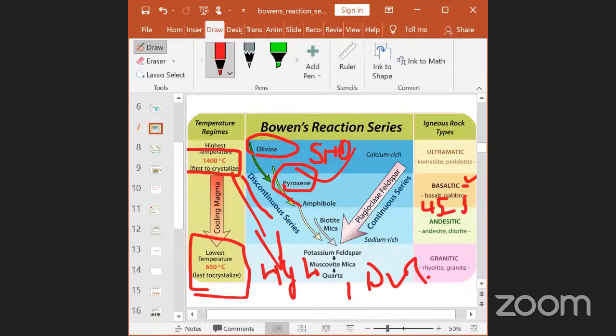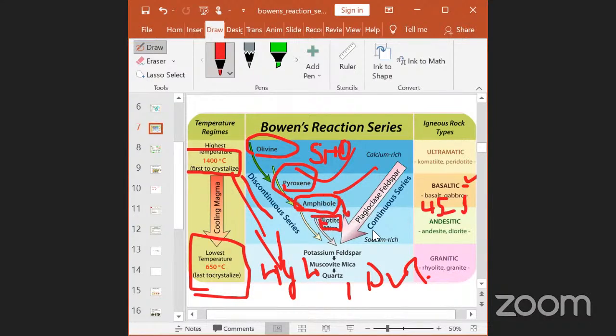Pyroxene then reacts with the melt and forms amphibole. You see here, amphibole. And amphibole will also form biotite mica by reacting with the melt.